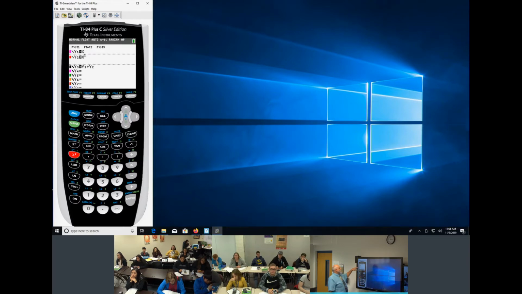So to get the y3, the sum, there's a couple of ways you can do it. If you graph it, then what you want to do is trace on the y3, and then you can plug in any number.